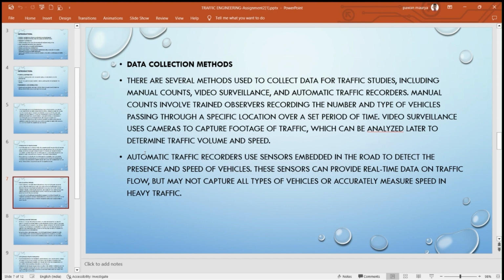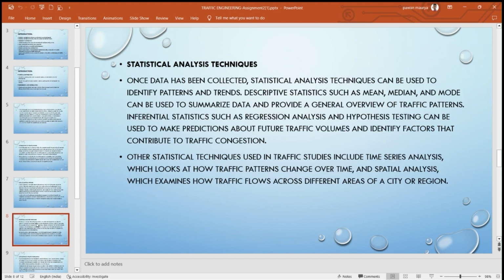Automatic traffic records use sensors embedded in the road to detect the presence and speed of vehicles. These sensors can provide real-time data on traffic flow but may not capture all types of vehicles or accurately measure speed in heavy traffic.